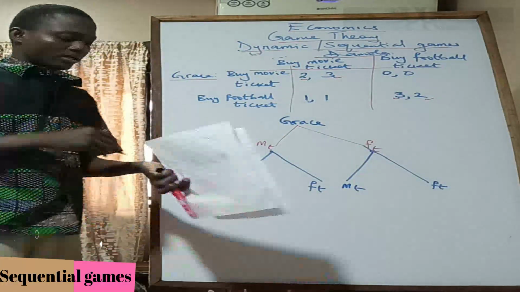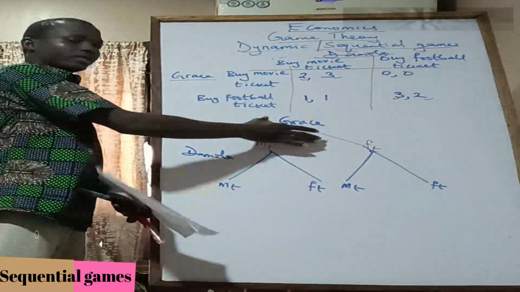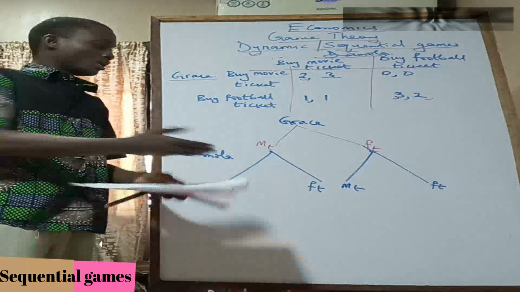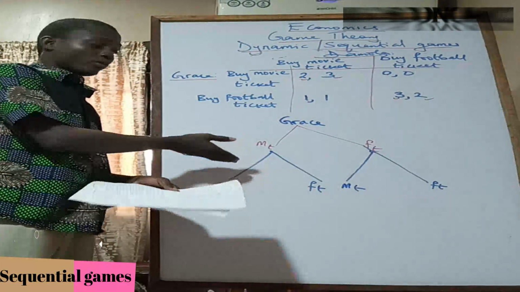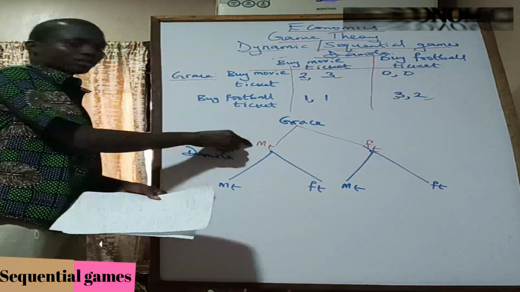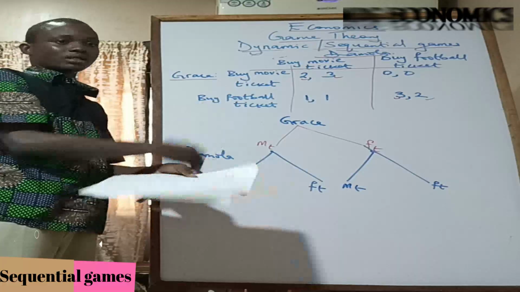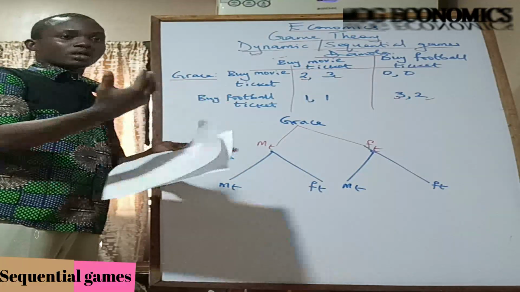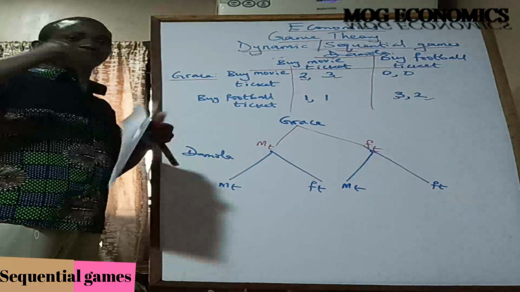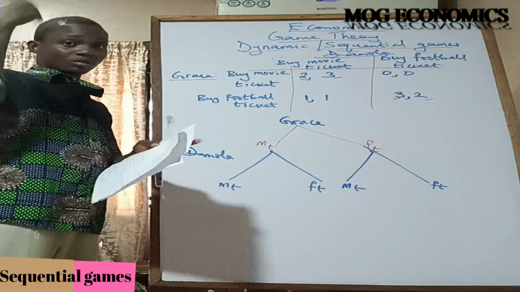I believe this is clear, right? Grace has two strategies, and she's the one moving first. She might decide to buy the movie ticket or the football ticket. Remember that in sequential games, the second player has some information that the first player has done something.